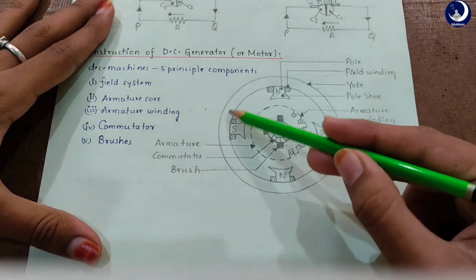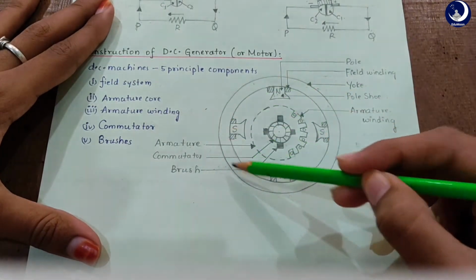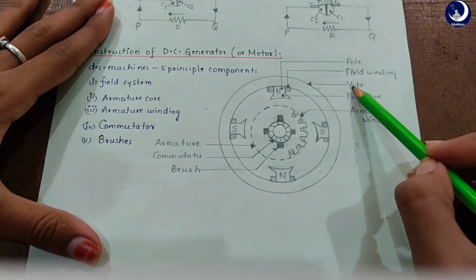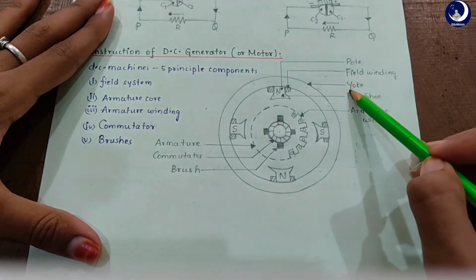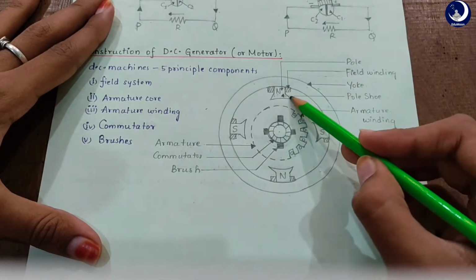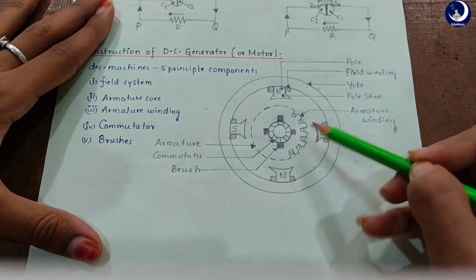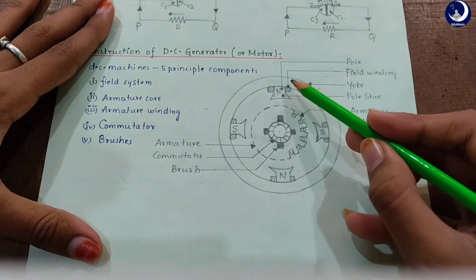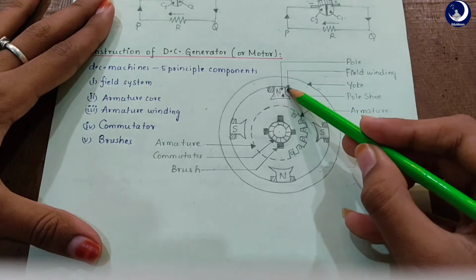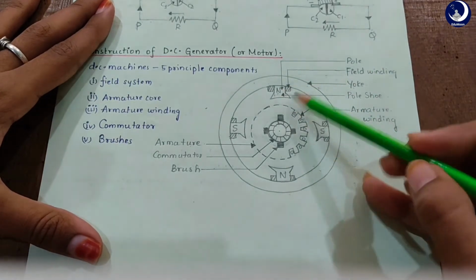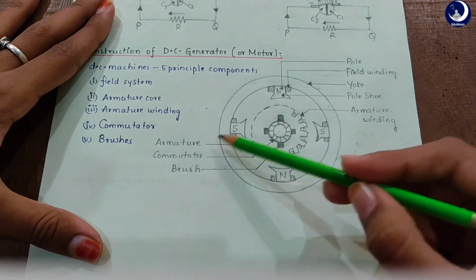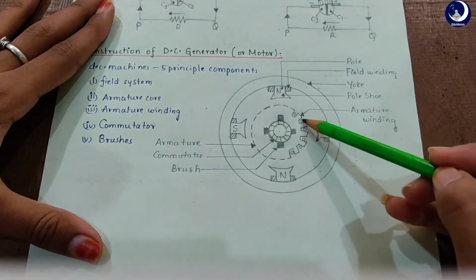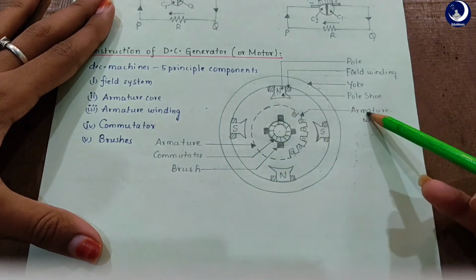This circular frame, this outer circular frame, is called the yoke, and these are the poles, north pole, south pole. And this is the field winding: yoke, pole, field winding. Then this is the armature, and this is the armature winding.